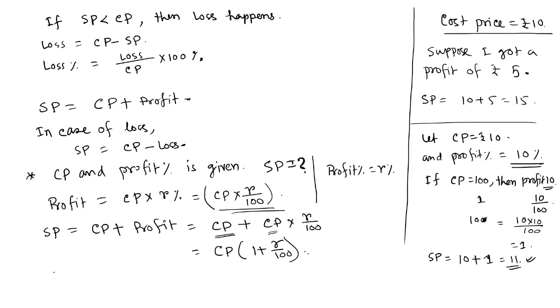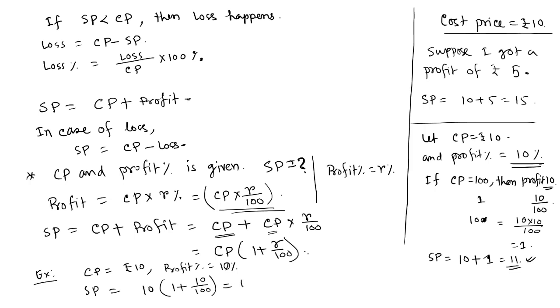Let me give an example. Suppose CP equals rupees 10 and profit percent equals 10%. Therefore, now SP becomes CP, that is 10 into 1 plus R by 100. So, R is 10, 10 by 100.